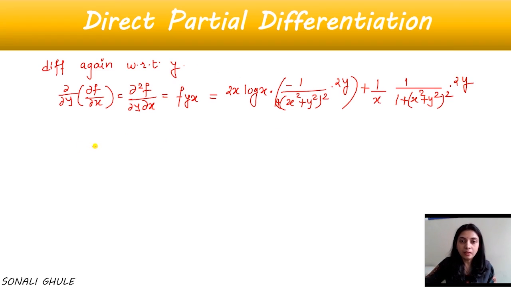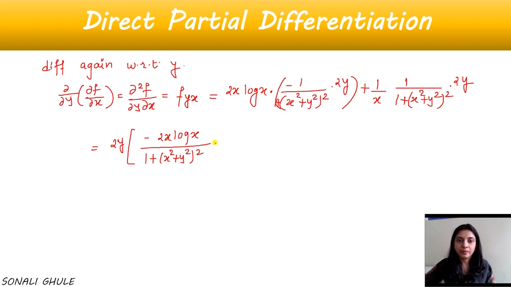Okay, now here if I take this 2y common, and I write the remaining terms, then it is minus 2x log x upon, what is it? Yes, 1 plus x square plus y square whole square plus 1 upon x into 1 plus x square plus y square whole square, right?